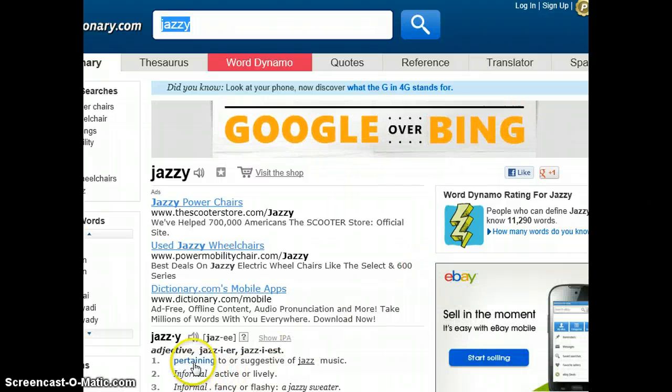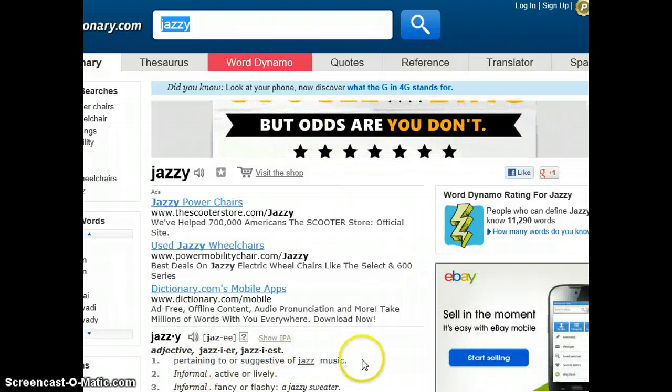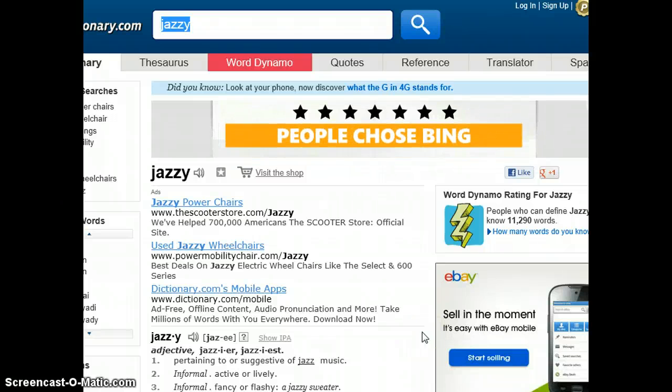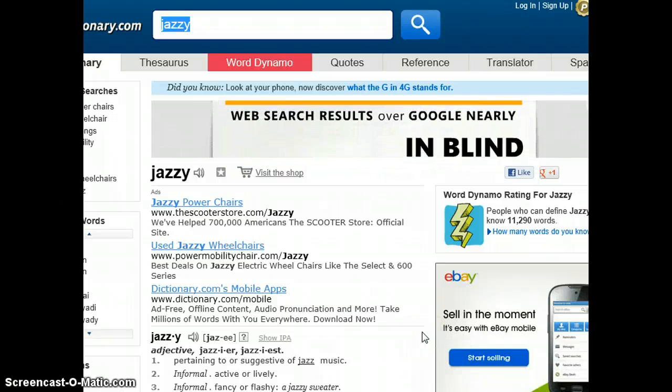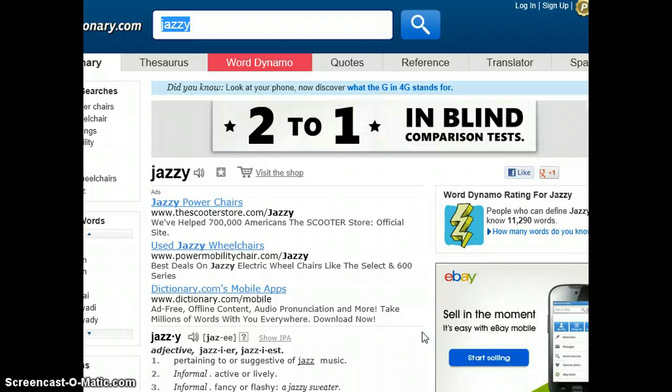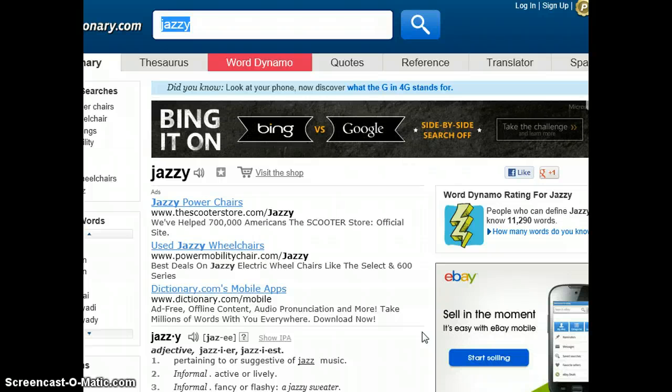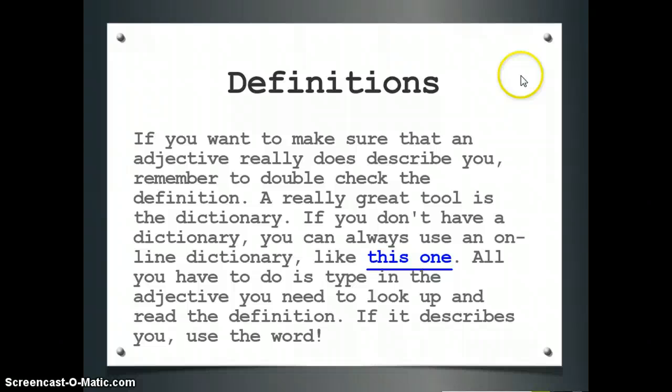Jazzy: pertaining to or suggestive of jazz music. Well, that definition doesn't quite describe me, even though I really do love music and especially jazz music. However, the second definition is active or lively, and I am most definitely active and lively.